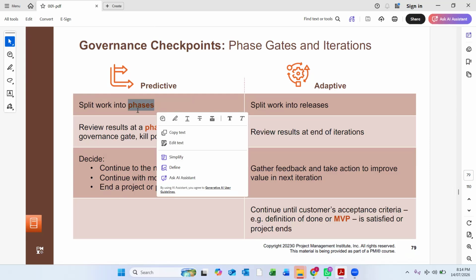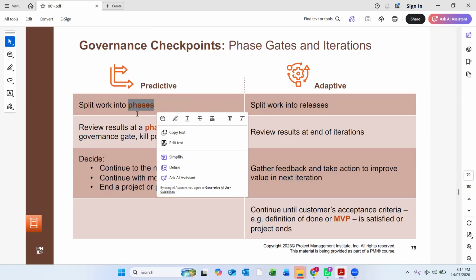So phases means, for example, we are doing some infrastructure works in three phases. Phase one is to complete the road works, phase two is to complete the landscaping works, phase three is to complete the street lighting works. Once we finish phase one, we realize that our budget is less.